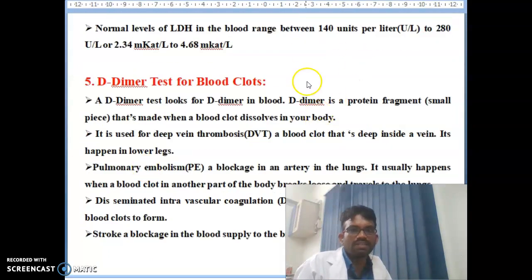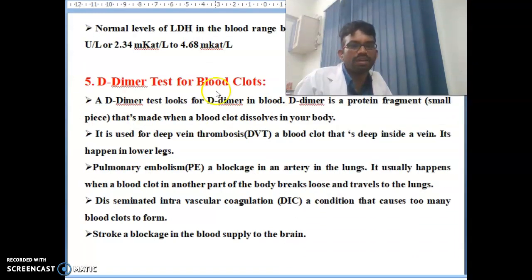Next, see the D-dimer test. The D-dimer test is also very important nowadays. The main concept of the D-dimer test is a protein fragment, a small protein piece that is made when a blood clot dissolves in our body. So it is used for deep vein thrombosis, simply DVT, blood clots deep inside the vein, which happen in the lower legs.